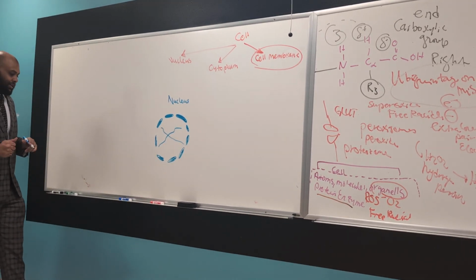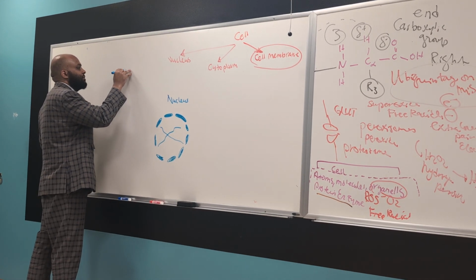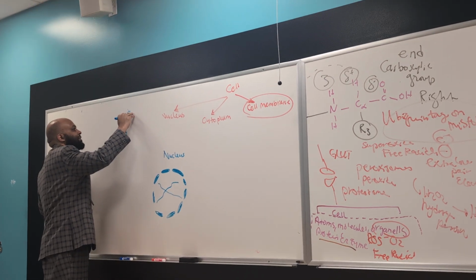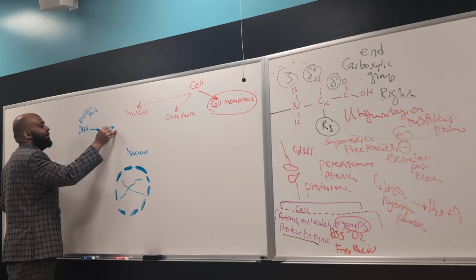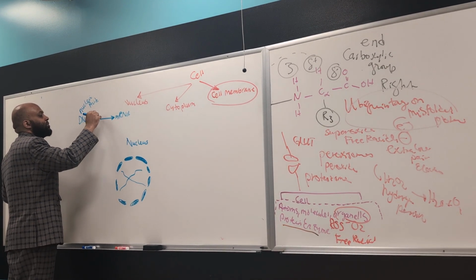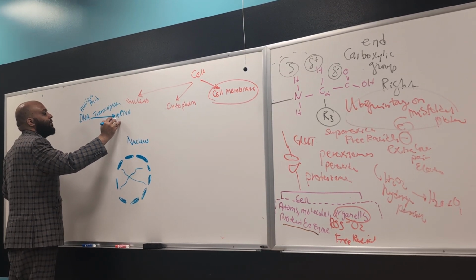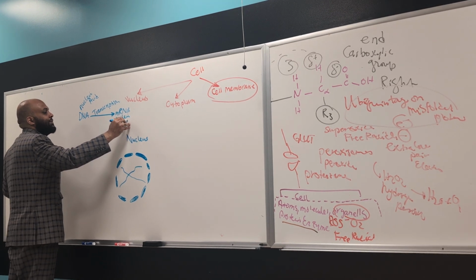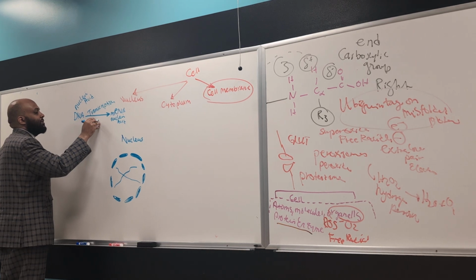What happens is, we know that in biology, we have DNA, and the DNA is nucleic acid, and we transcribe DNA to get mRNA through a process called transcription, and we get mRNA, and that is also a nucleic acid, and this is happening inside the nucleus.